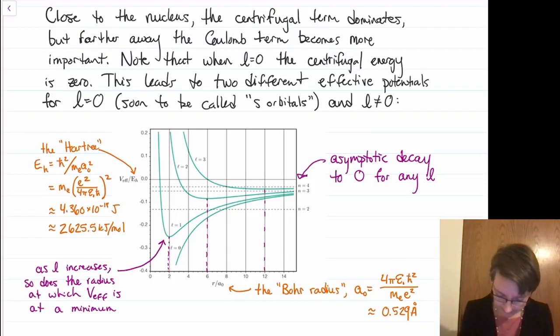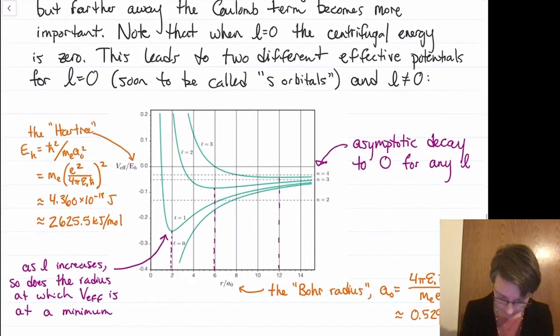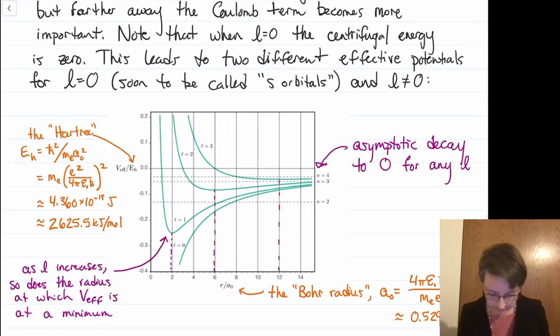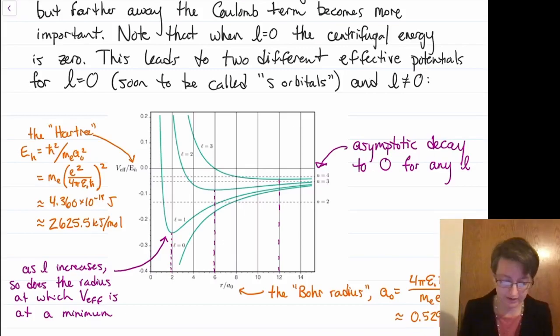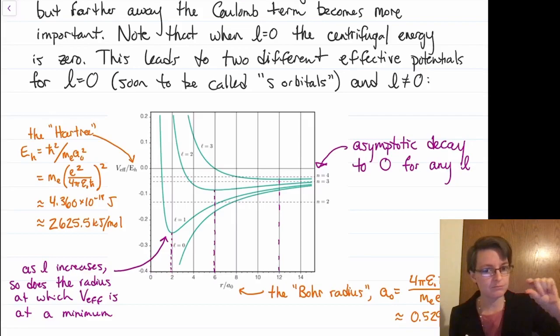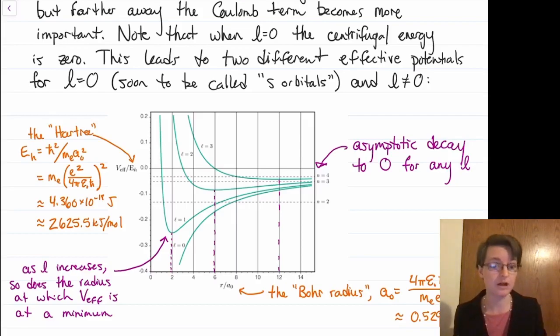So as you're looking at the x-axis of this graph, I want you to orient yourself to saying, okay, these functions, I've plotted r over the Bohr length, so I've plotted 14 Bohr lengths. And that means that at 14 Bohr lengths, or 7-ish angstroms, all of my functions are mostly looking just like a Coulomb's law term.